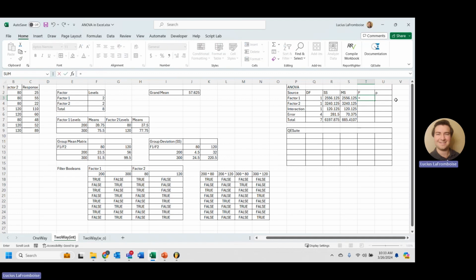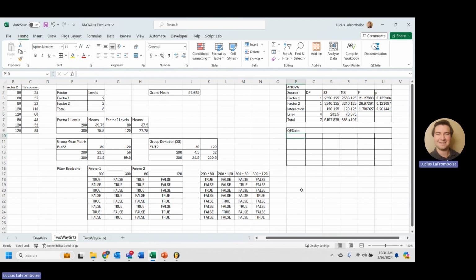Now, if you remember, our F statistics is just going to be MS of our factor over interaction, MS of factor over interaction, and then for interaction, it's MS interaction over error, and then our p-value is F.DIST.RT, F, df factor, df interaction, equals F.DIST.RT, F, df factor, df interaction, and then F.DIST.RT, F interaction, df interaction, error df.